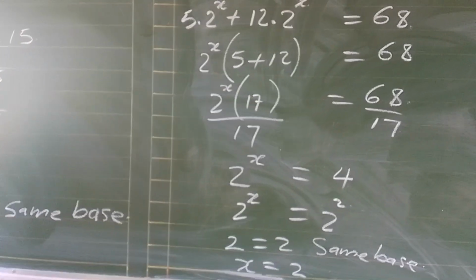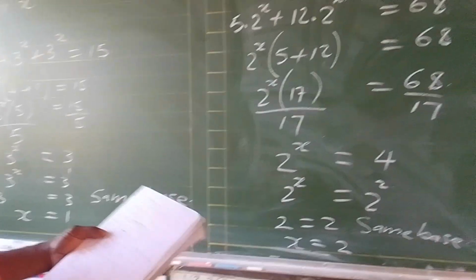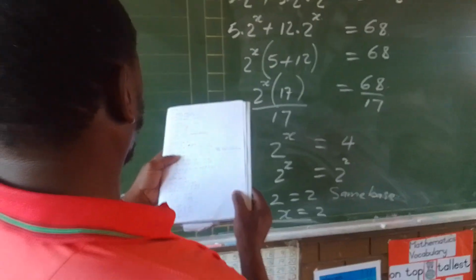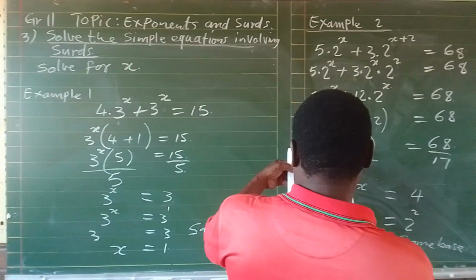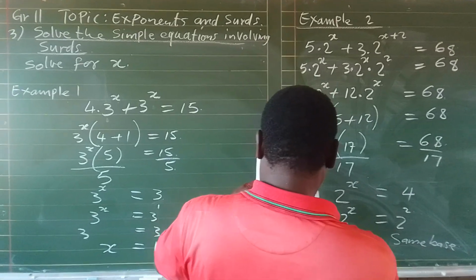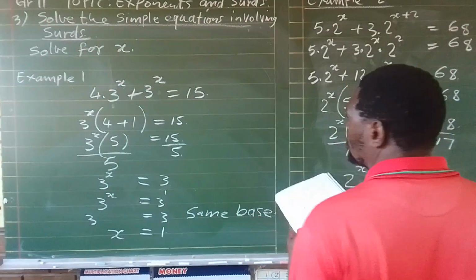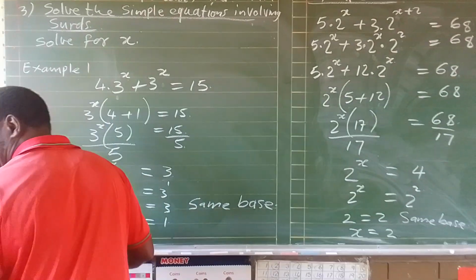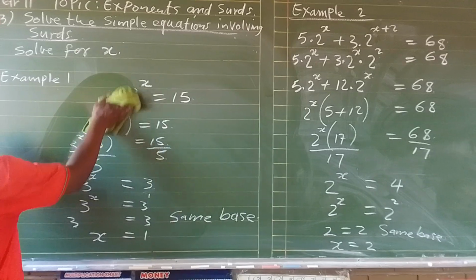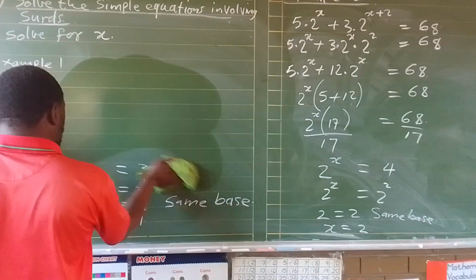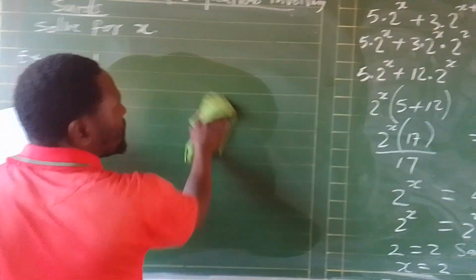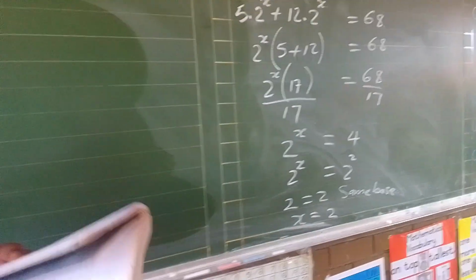The other problems will need us to use more of the techniques that are needed to solve for x, or to solve for any variables, in the exponents and the surds. Now this is example number 2. We're going for example number 3.